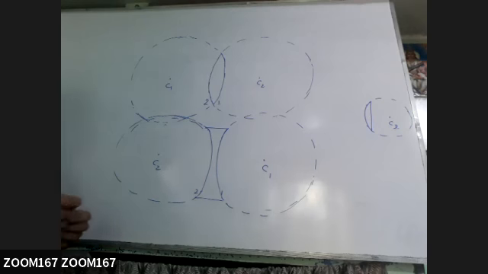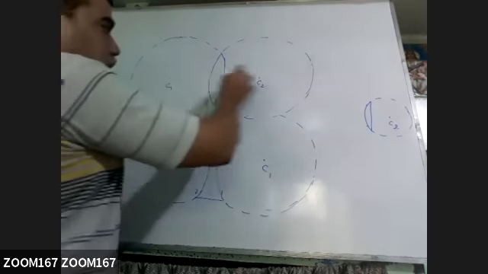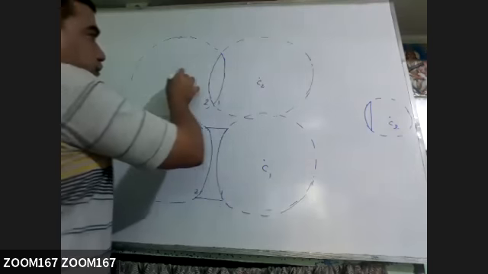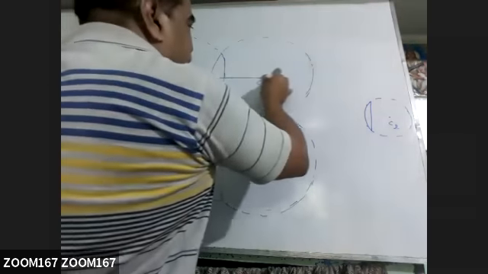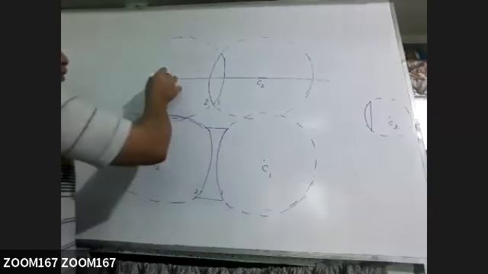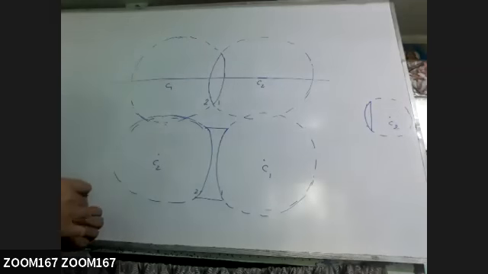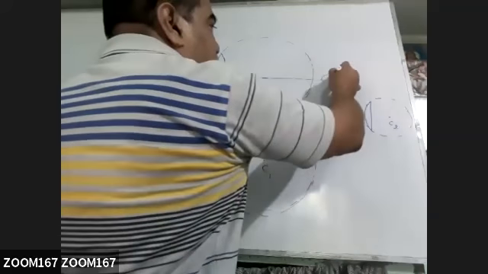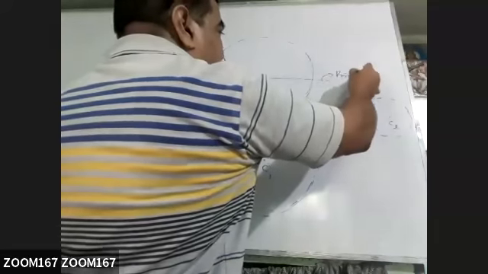So if we join the two centers of curvature, the imaginary line joining these two centers of curvature, what do we call it? The line joining these two centers of curvature we call the principal axis.